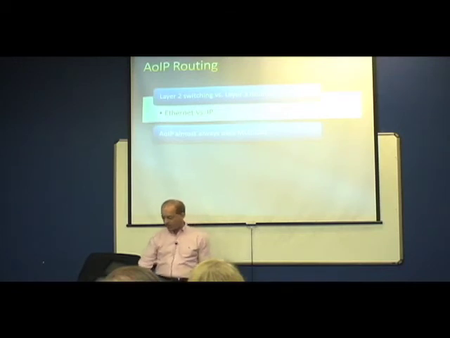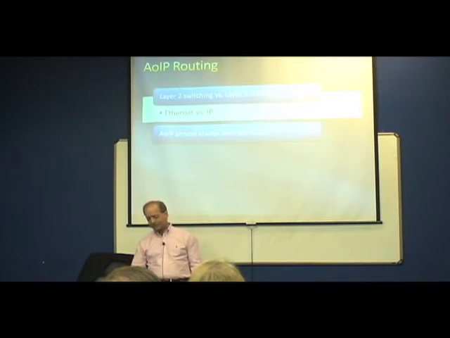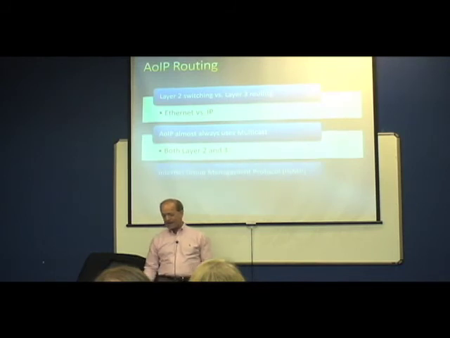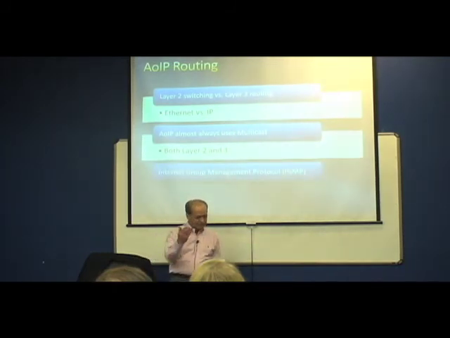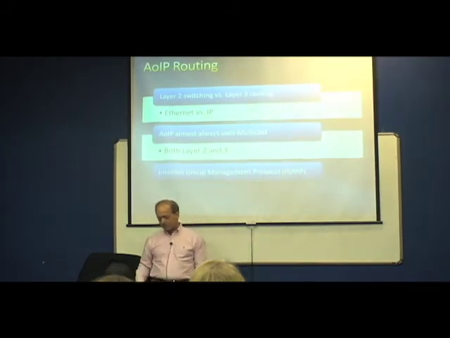As we said, AOIP almost always uses multicast, multicast Ethernet, as well as multicast IP. That helps you to be able to have, like I said, this point-to-multipoint routing in both layers. And the systems that we're familiar with mostly use IGMP as the standard management protocol, another IETF standard that allows very simple, and again, this thing is very powerful.